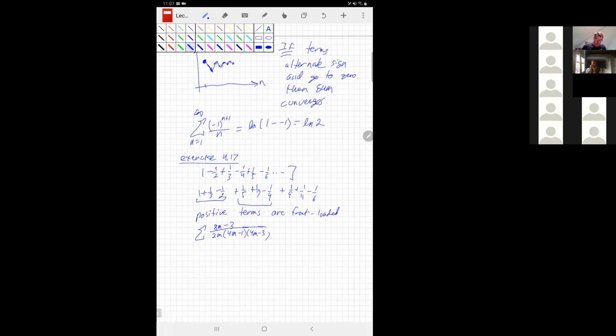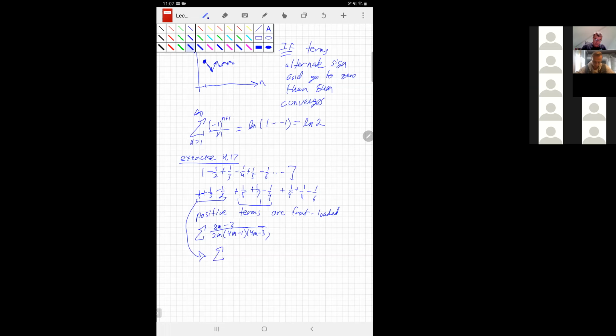Basically, if you think about the first trio of terms, when we go from the first trio of terms to the next trio, all the denominators increase. Instead of 1 over 1, 3, and 2, we've got 1 over 5, 7, and 4. Or sorry, the first two denominators increased by 4. Then the next denominators, instead of 5 and 7, we've got 9 and 11. These are increasing by 2.